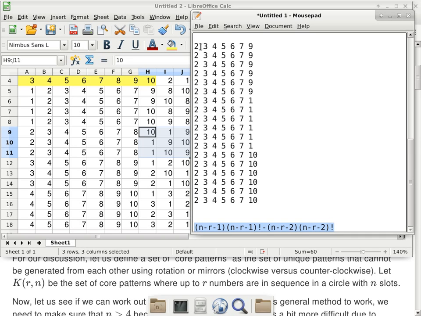Okay. But this is only the number of core sequences starting with a 2 when n equals 10 and r equals 6. How many other subsequences do we have? Okay, well, we don't have to enumerate all of them. One can start with a 3, and with an 8, can start with a 4, and with a 9, can start with a 5, and with a 10, but that one we don't want to count.